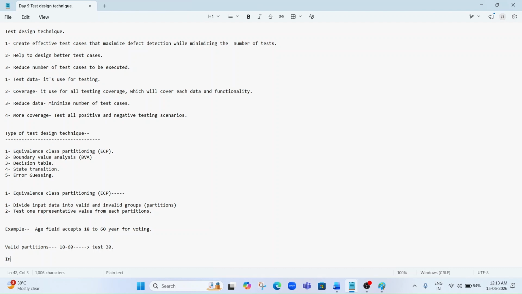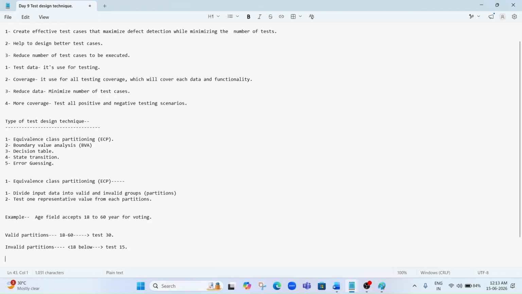Third, we will test invalid partitions. In that case, below 18, we will test 15 years old. So 30 you have tested, and 15 means one valid partition and one invalid you have tested.